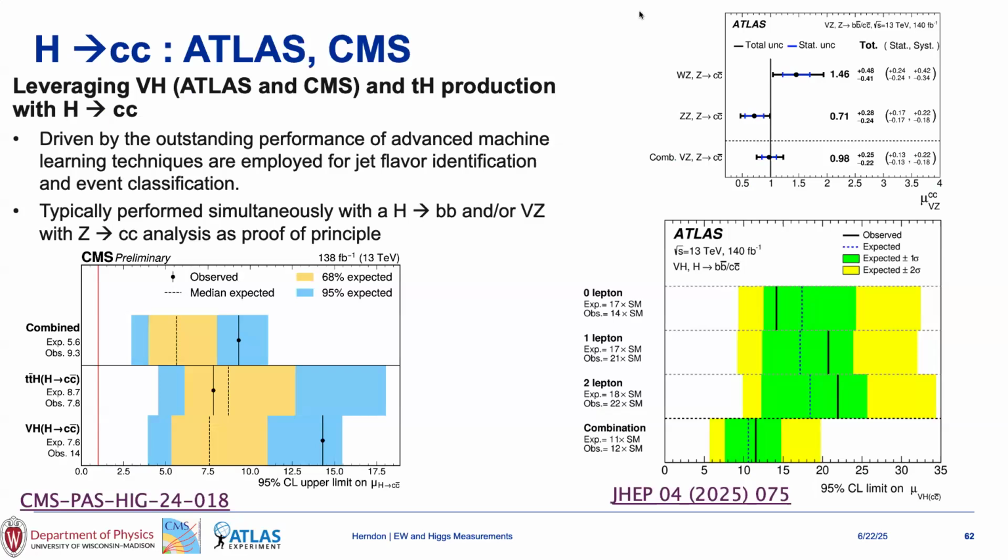So here's our progress on H to cc. H to strange is probably inaccessible. I'm not sure you could even do that at a lepton collider. But H to cc is something that we can do.